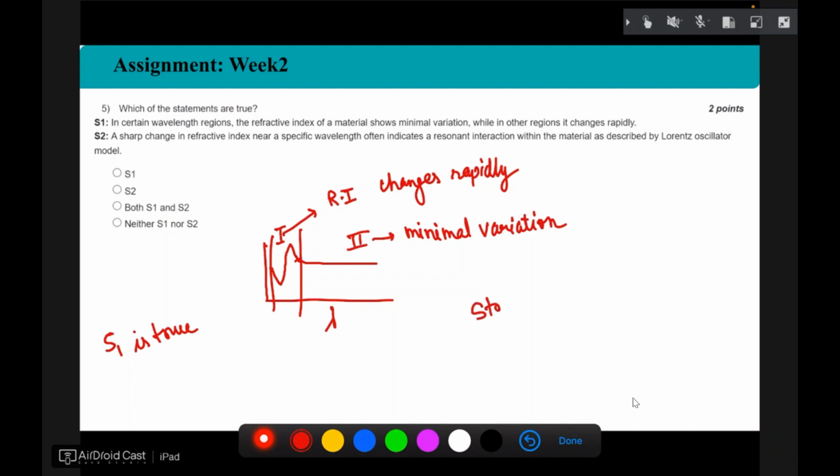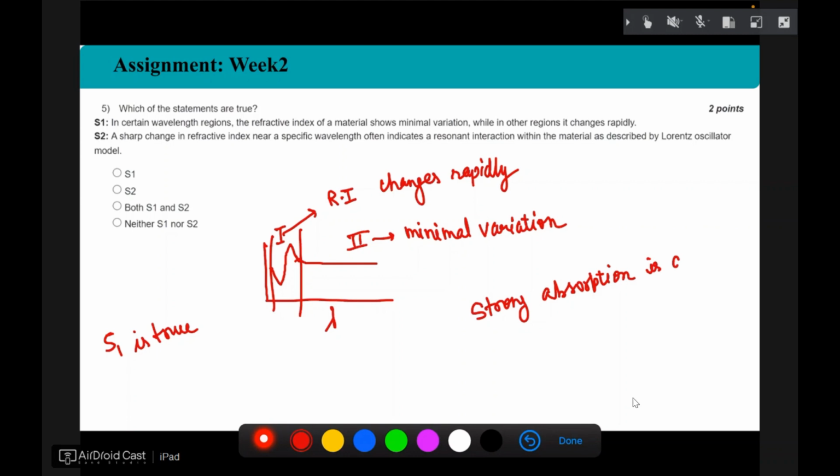So strong absorption. If the energy of the photon is greater than the band gap, then that photon will interact with the material and it will show a strong absorption, and then there will be a strong change in refractive index.